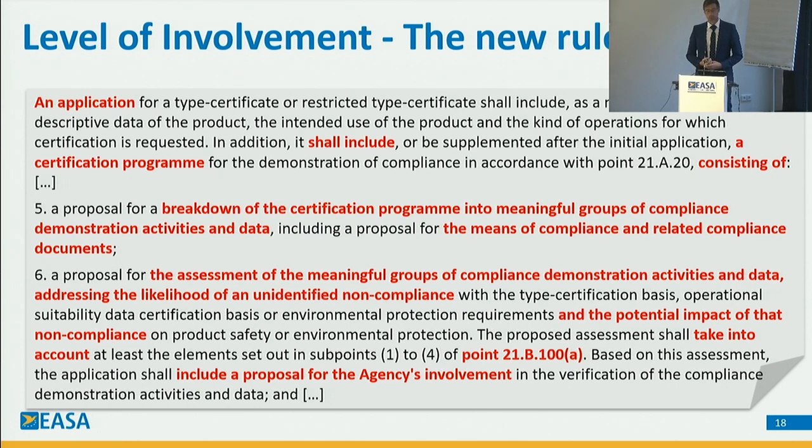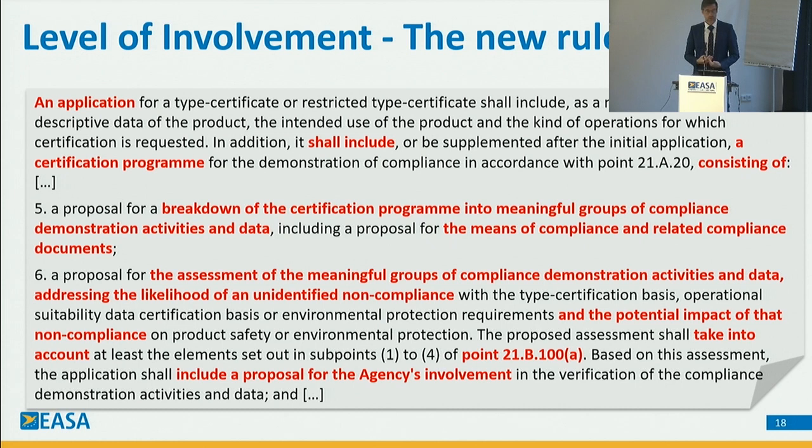And what is the risk about? Which risks do we want to address here? The important element is the likelihood that, because we are not involved in the verification, you may miss something through your independent verification exercise with your CVEs, so that in the end of the process there is a non-compliance with a certification basis which neither you nor us detected.